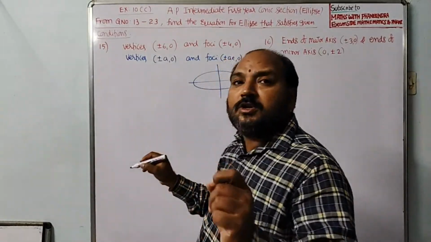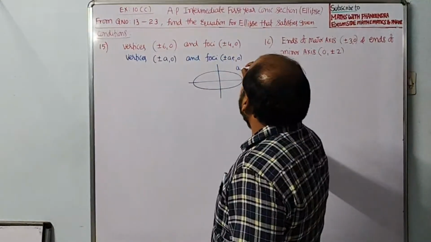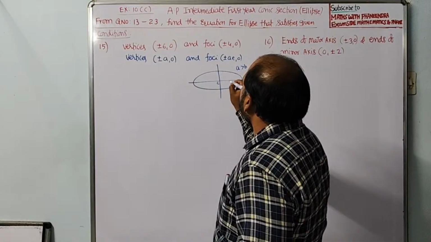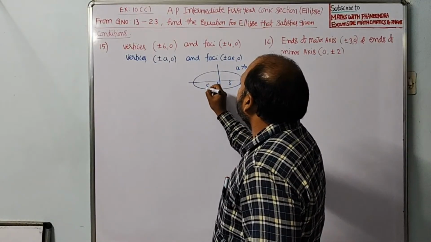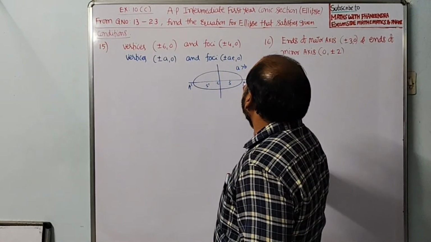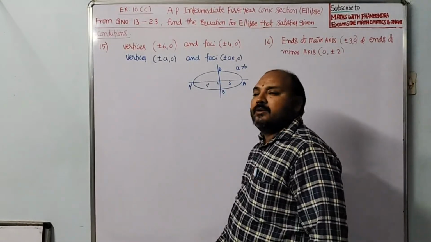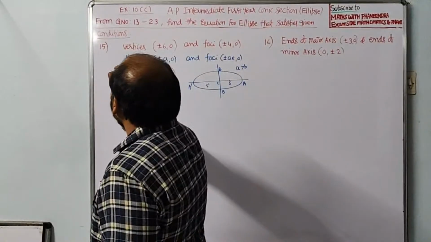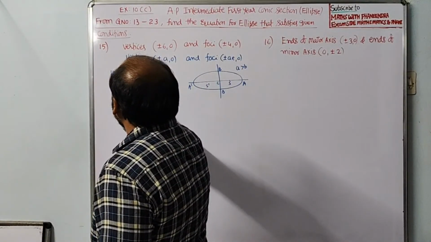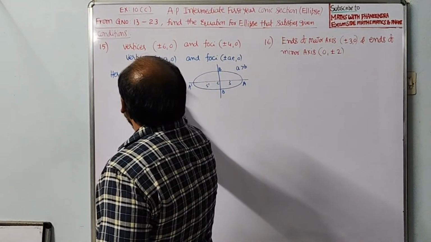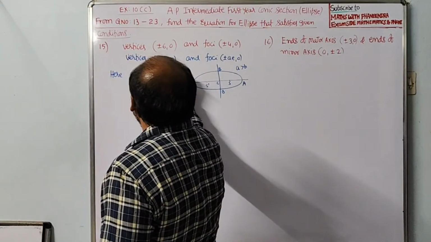That means horizontal type. a is greater than b case, dear students. See, foci, A dash, A vertex. This is B, B dash. Clearly we observe that a is greater than b. So here a is equal to 6 and ae is equal to 4.